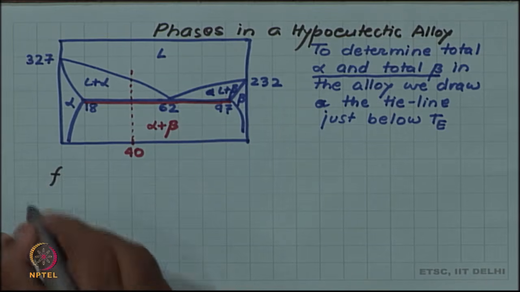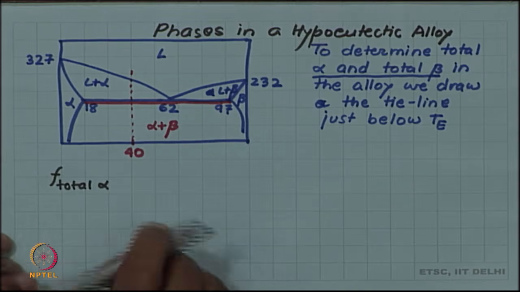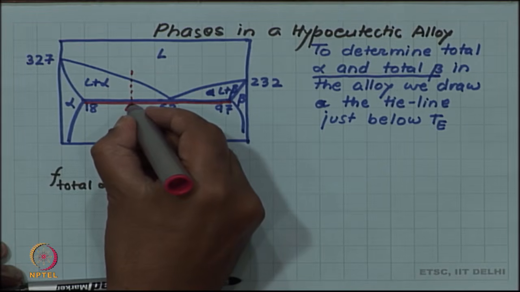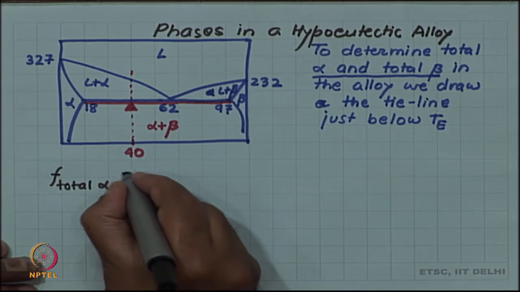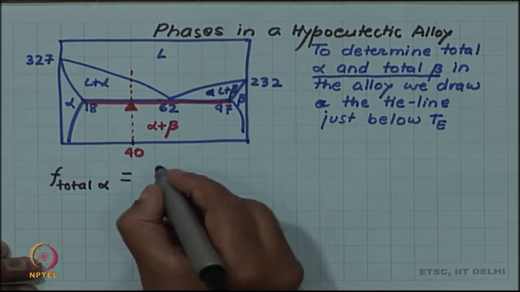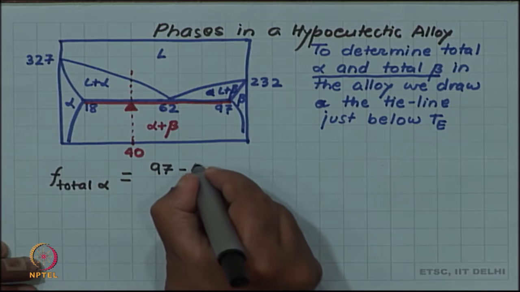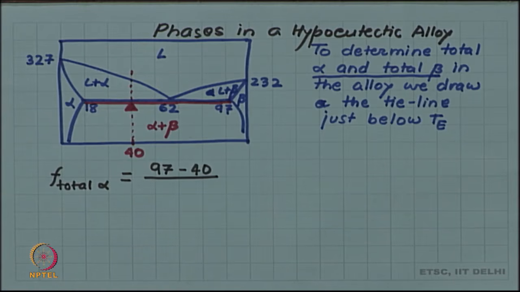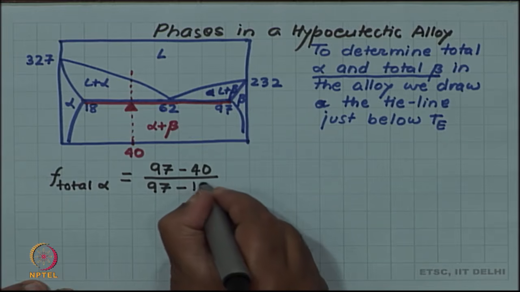So, once you recognize this, it is easy to calculate. Now, we are quite familiar with the lever rule. We want total alpha, the lever is this red line and the fulcrum is at the alloy composition. Alpha is on the left, so the right hand lever arm is the alpha arm. So, 97 minus 40 is the lever arm corresponding to alpha, and 97 minus 18 is the total lever arm.